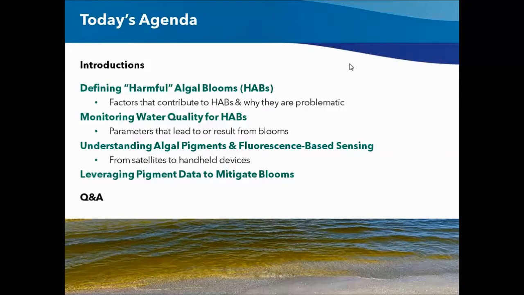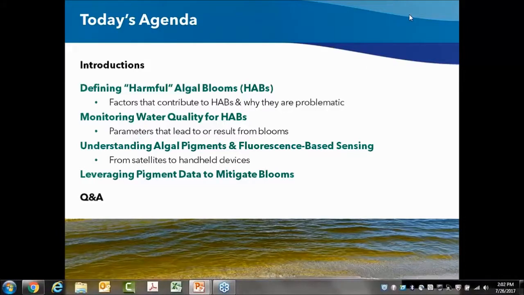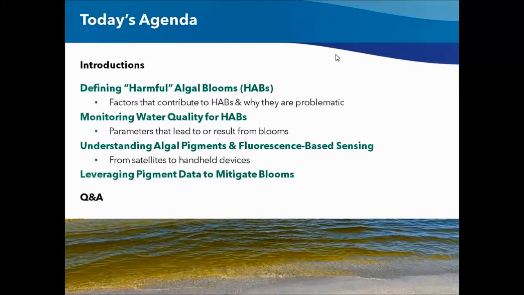And that fluorescence can be based from technology like satellites all the way down to portable handheld devices to monitor right at a specific area. And lastly, what do we do with all this data once we have it? How do we use that data to mitigate blooms?